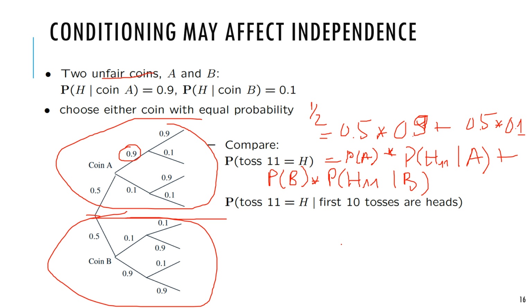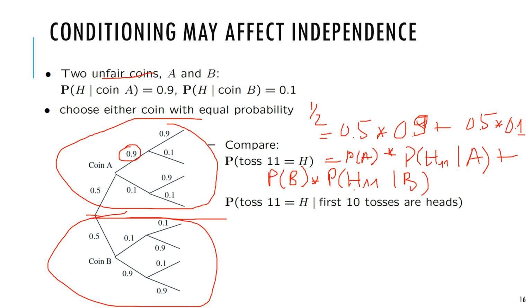So how about the probability of the 11th toss being heads, given the first 10 tosses are heads?